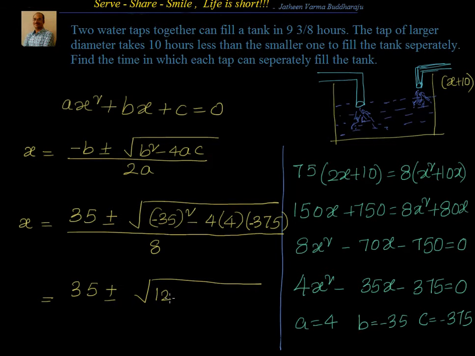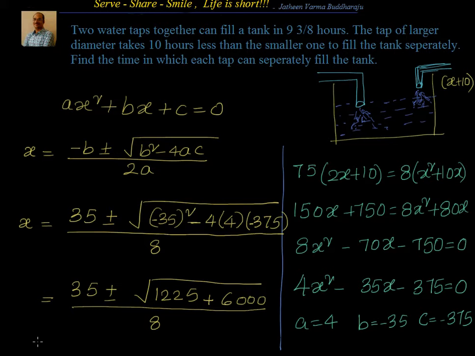So let's simplify that. This is 35 plus or minus the square root of 35 square, which is 1225. Then we have minus and again minus; you multiply that, you will have plus. 4 into 4 is 16, and 16 into 375 is 6000, divided by 8.